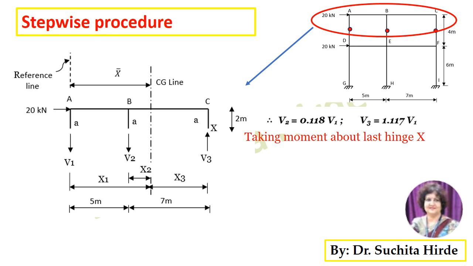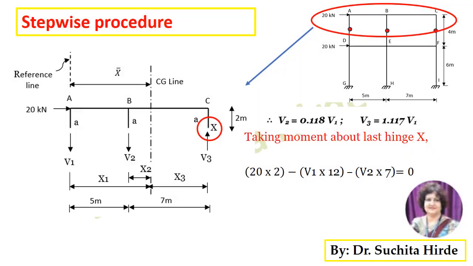After calculating the relation between the axial forces, we have to take the moment of all the forces about the last hinge, that is the moment of 20 kilonewton, V1, V2 and V3 about the last hinge. If you take the moment, you will get 20 into 2.